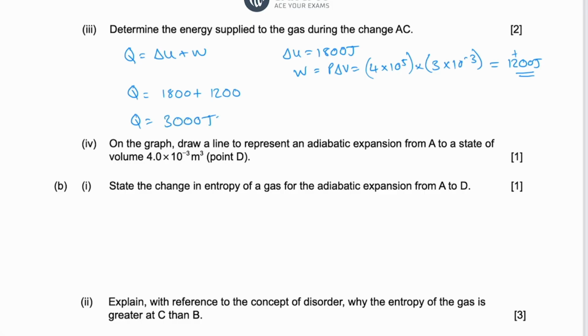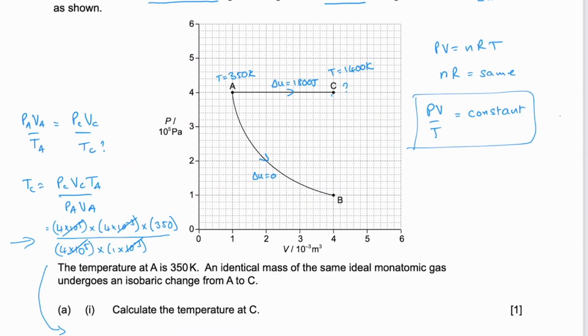4. On the graph, draw a line to represent an adiabatic expansion from A to a state of volume 4.0 times 10 to the minus 3. So point D. What the question asked for was an adiabatic expansion from A to a new point D. Expansion means the volume increases, and we're going from this point here. So how do we know what to draw? Well, we know that this line here is isothermal, so it moves along an isotherm.